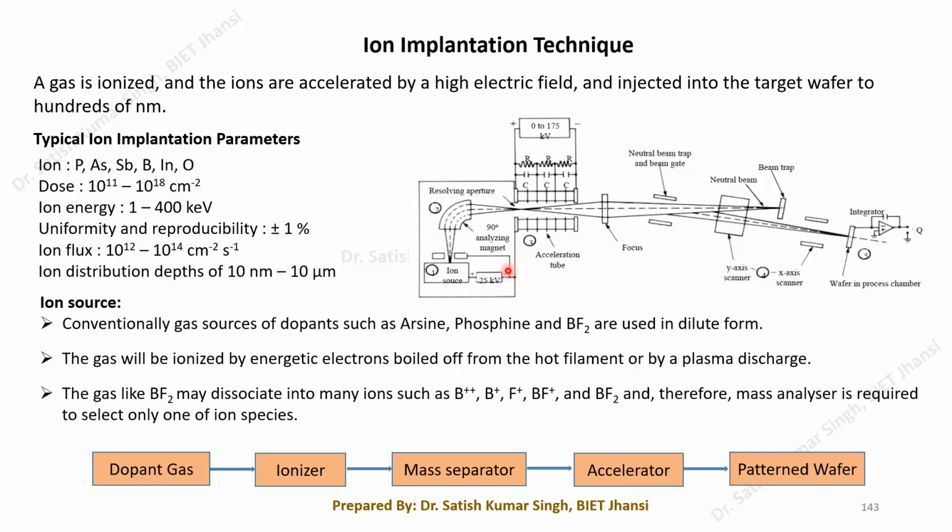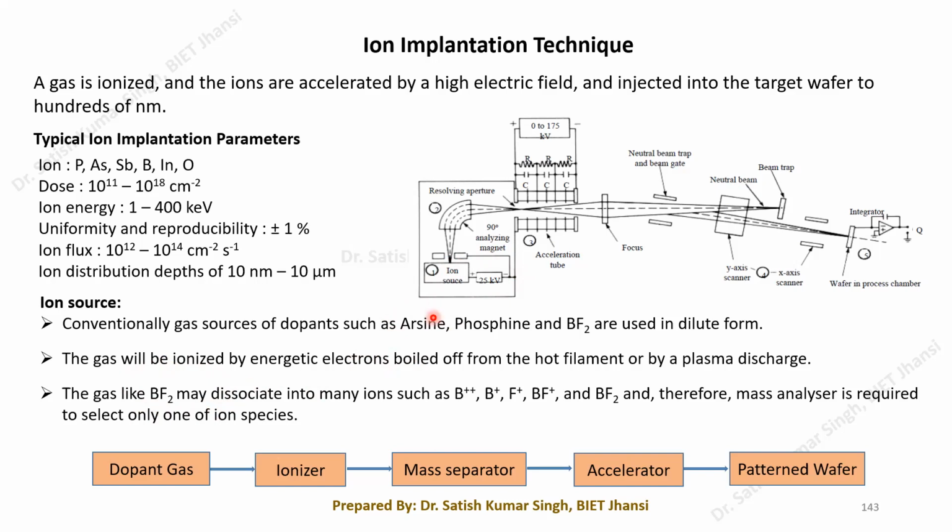Okay, so let us assume we are talking about the doping of boron. Boron will be available in the form of BF2 gas. This gas will be available in this chamber, and within this chamber we have to bombard very high energetic electrons.